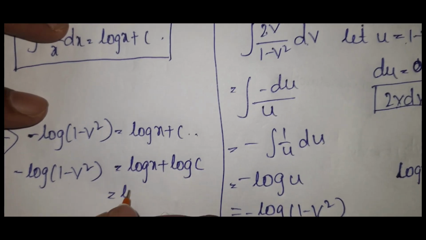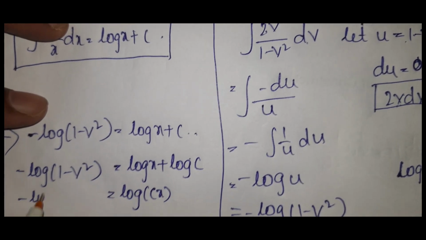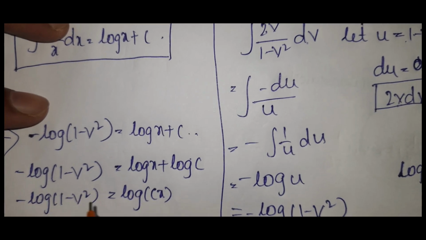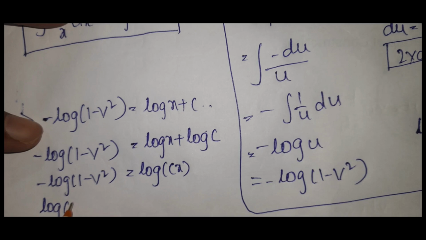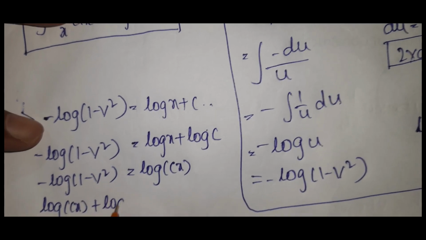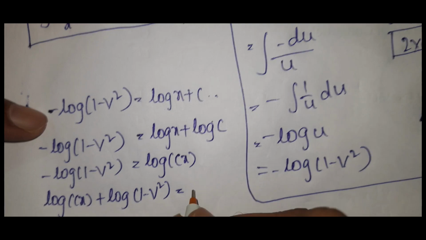Now this becomes log cx minus log 1 minus v square. Now sending this here becomes positive, log cx plus log of 1 minus v square is equal to 0.